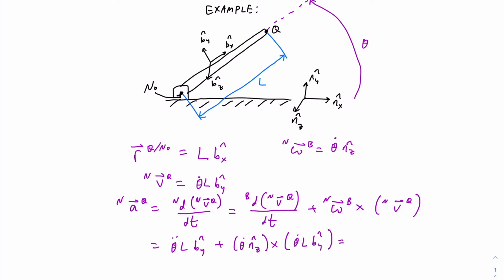This gives us an acceleration vector of theta double dot L by minus theta dot squared L bx.